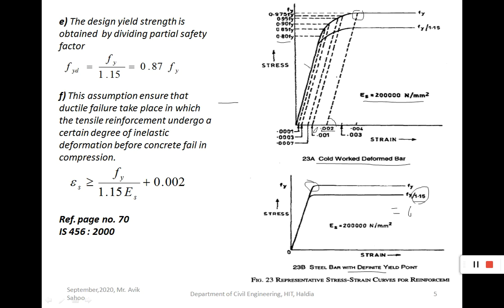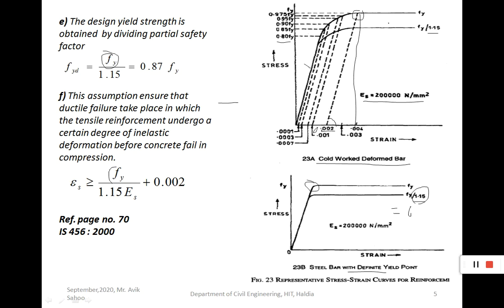At 0.002, again a parallel line is drawn, and this intersection point is called the yield stress Fy, and it makes a permanent strain of 0.002. If I consider the design curve, 1.15 is divided to get the design yield strength.